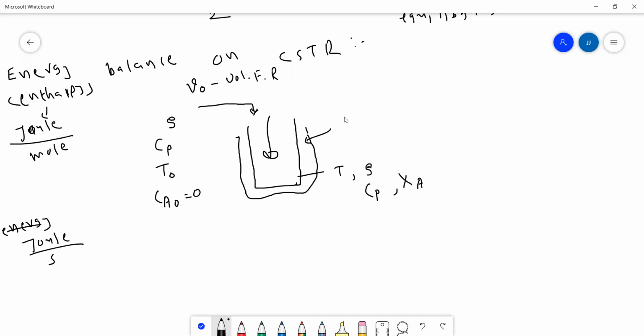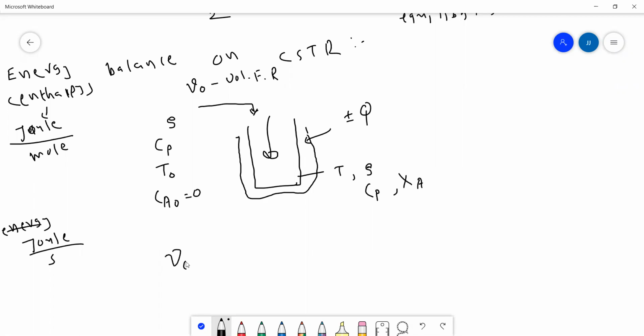That will be plus or minus Q, depending upon whether we put heat in, heat given to the system, or heat removal from the system. Let's do the balance.